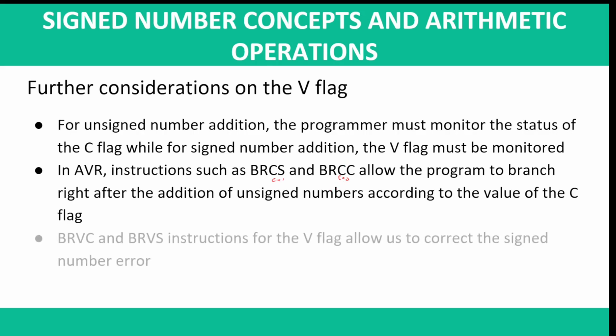Okay. And we also have the BRVC and BRVS instructions for the V flag, which allow us to correct the signed number. So we also have this instruction or function to correct the signed number using the V flag.